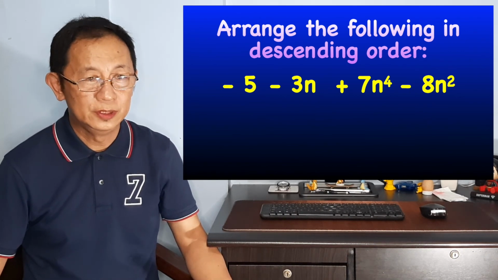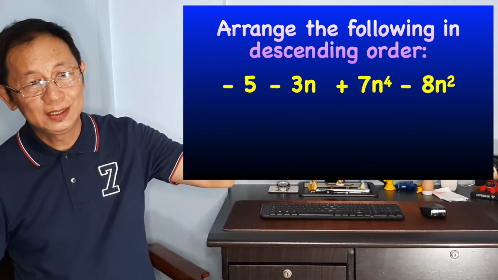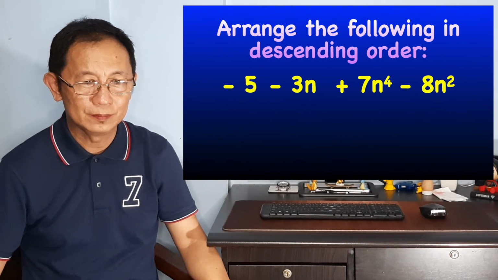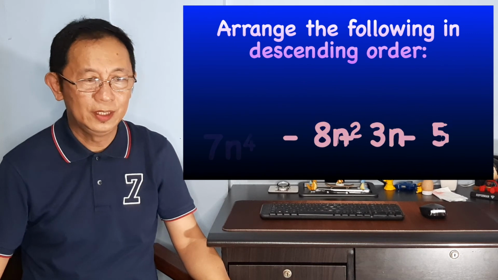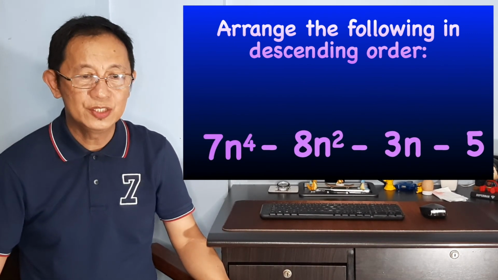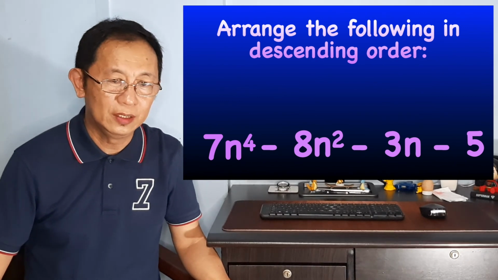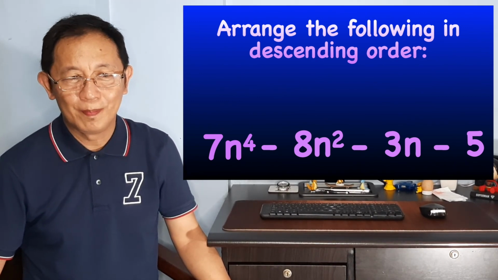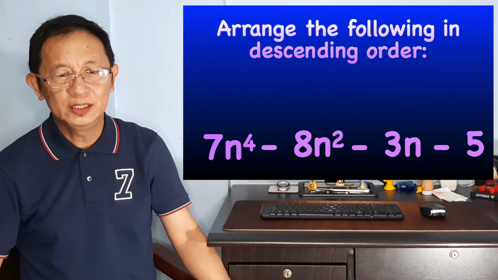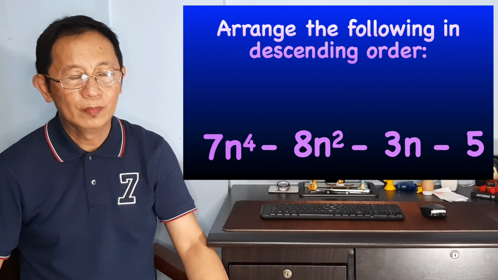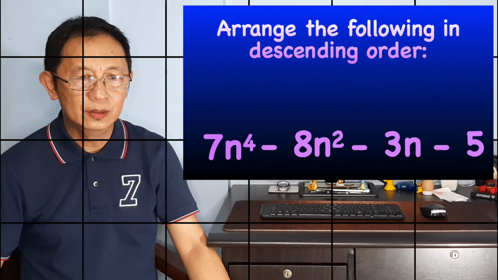So, descending mula sa mataas papunta sa mababa. So magiging 7n raised to the 4th power minus 8n squared minus 3n minus 5. So that is how to arrange polynomials in descending order.